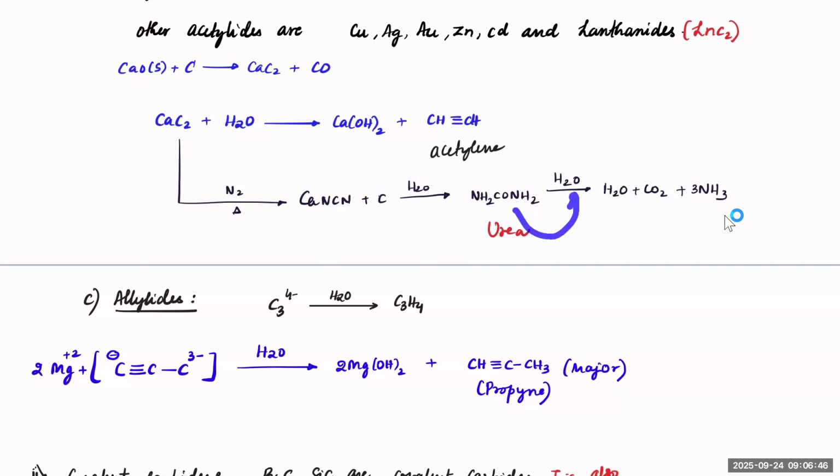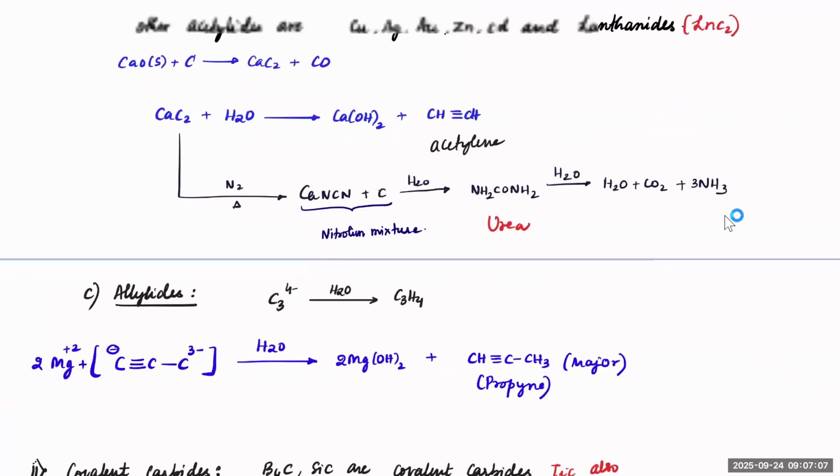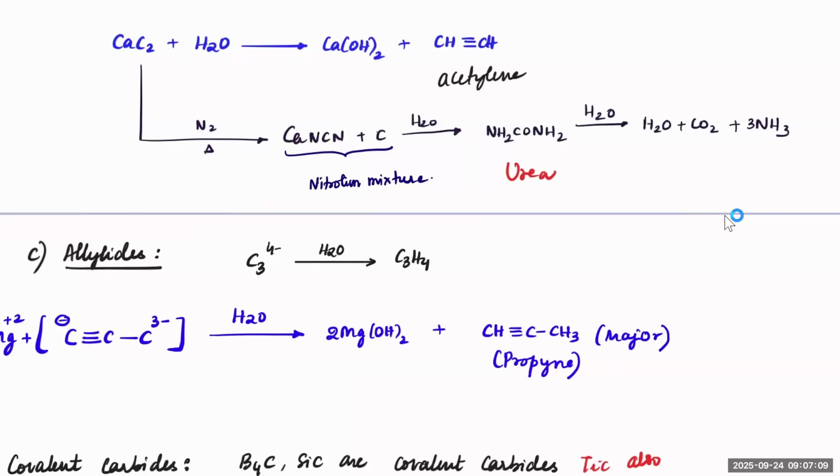And urea, if you hydrolyze it further, will convert into ammonia, carbon dioxide and water. Now, this mixture of two compounds is called nitrolim mixture.